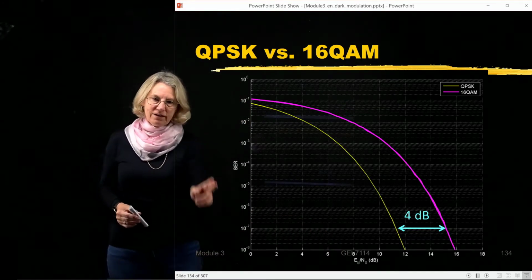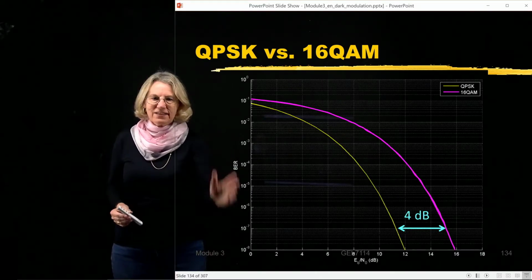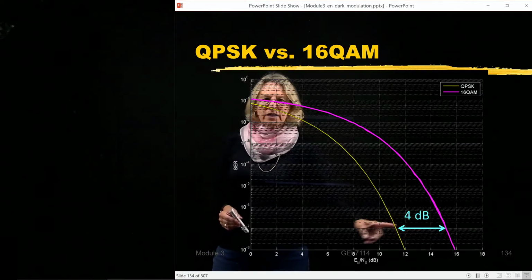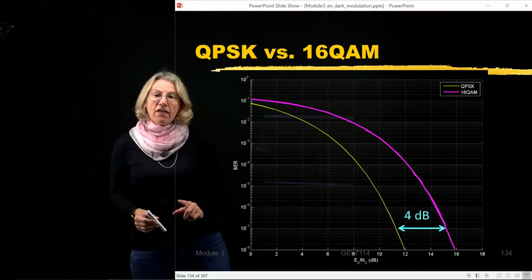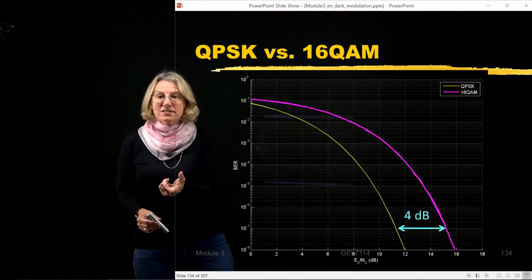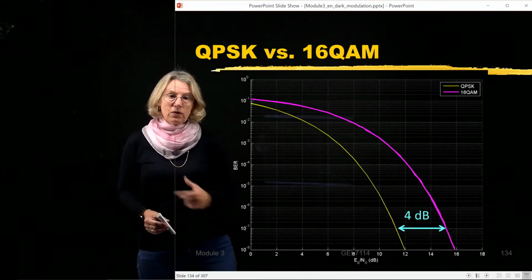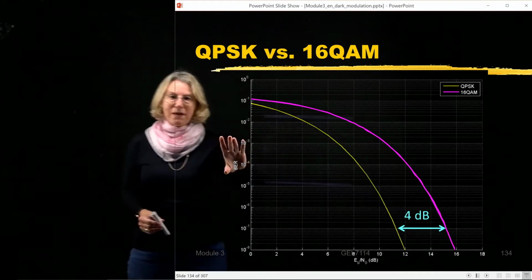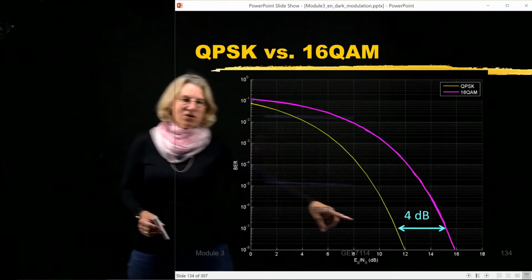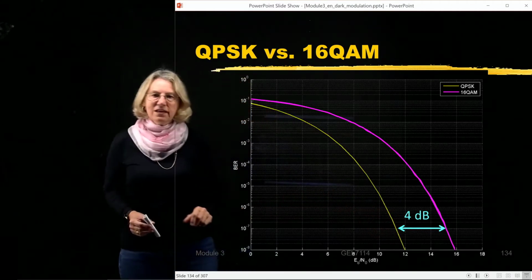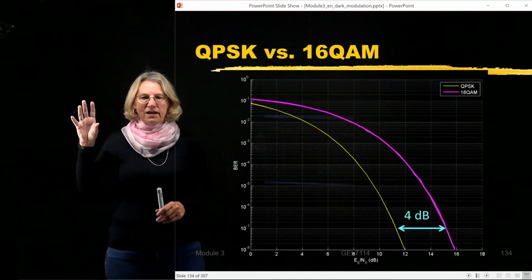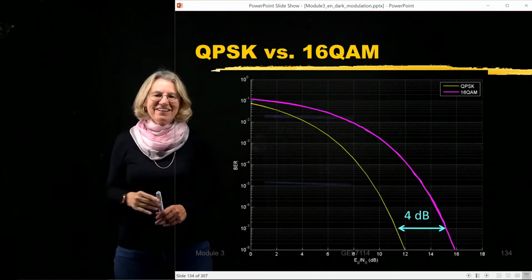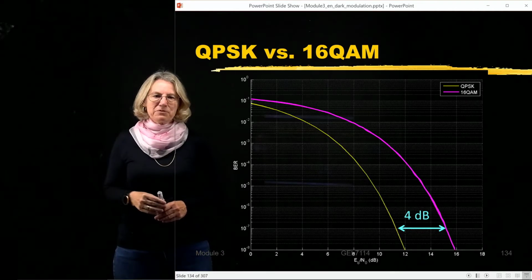If I look asymptotically, let's say I'm getting down to fairly low BERs, and I look at how much one curve is displaced vis-a-vis the other one, well, that is this loss that we're talking about. So here we can see graphically, this was produced using BERT tools in Matlab, the 4 dB penalty in the probability of error that we found theoretically previously.